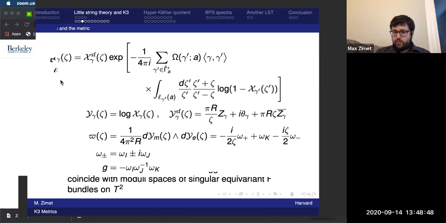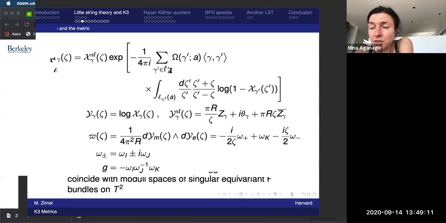So we have 0 branes, 1 branes, and 2 branes, which all contribute instantons to this sum. So the charge lattice here, that describes the charge lattice of the little string theory, it contains all of those different types of charges.